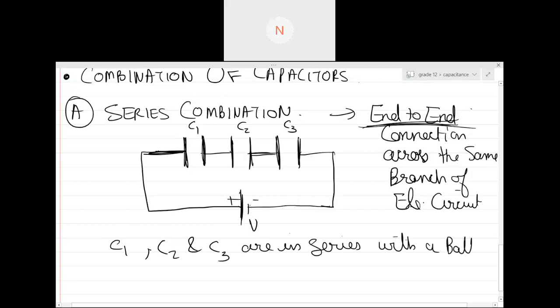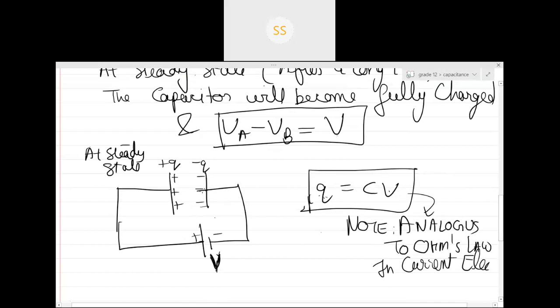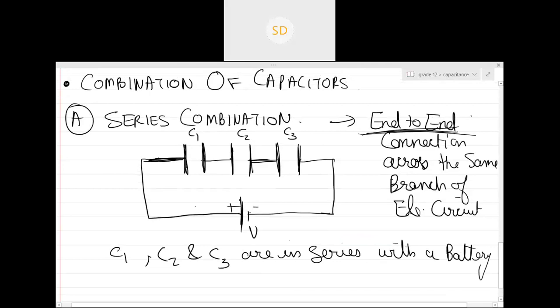Now, what was happening, guys, when a single capacitor was connected across the ends of a battery? Then at steady state, whatever was the potential across the battery was across the capacitor, right? But what will happen if you apply a combination?